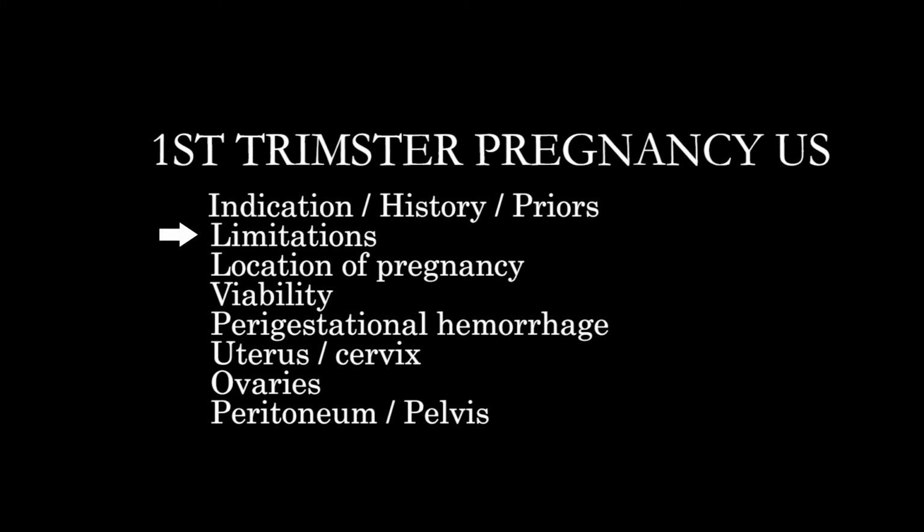And a special consideration for pregnancy imaging, especially early pregnancy, is to avoid use of color or spectral Doppler on the uterus if there's any possibility for a normal pregnancy. Obviously, especially if there's pain, we're going to be using those on the ovaries to assess for torsion or various ovarian abnormalities.